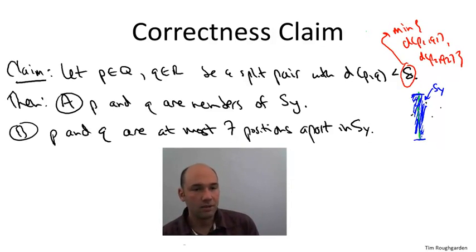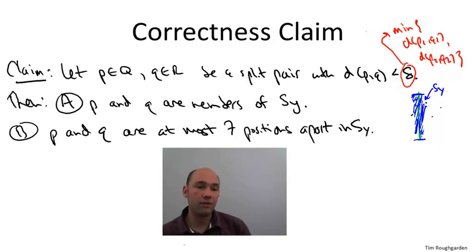What does it say? It says consider any split pair, that is, one point p from the left side Q, and another point q drawn from the right side of the point set R, and further suppose that it's an interesting split pair, meaning that the distance between them is at most delta. Here delta is, recall, the parameter passed to the ClosestSplitPair subroutine, which is the smallest distance between a pair of points which are all on the left or all on the right, and this is the only case we're interested in.